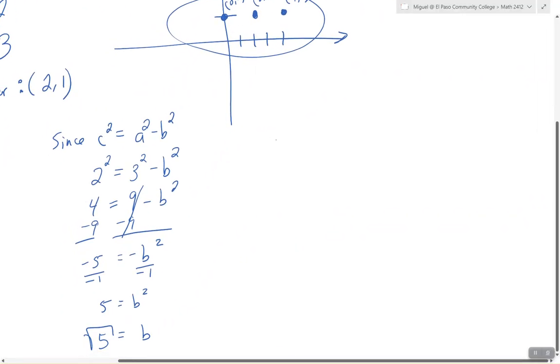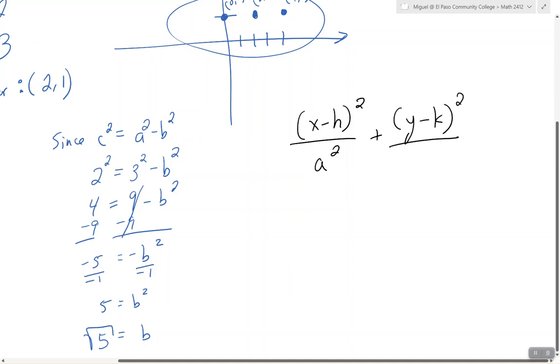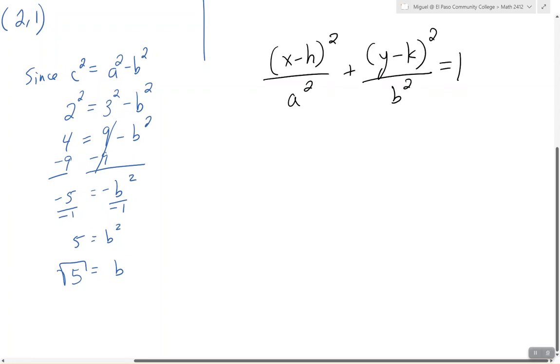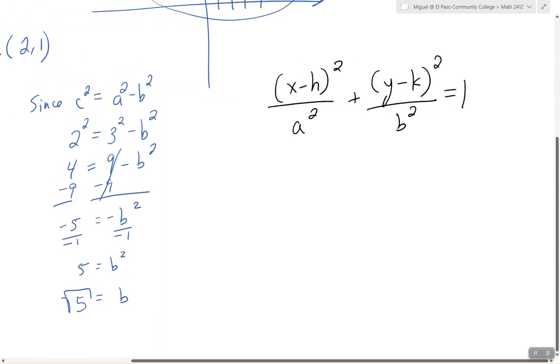Because it's horizontal, we're going to use the major axis horizontal, x. And basically we just have to fill in all these different values, right, to find the equation.